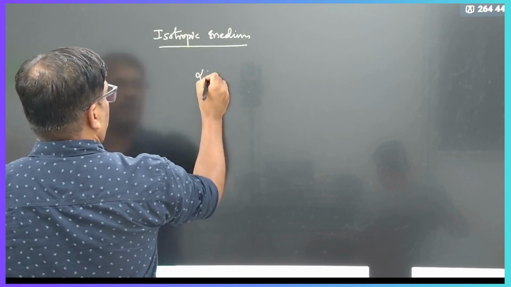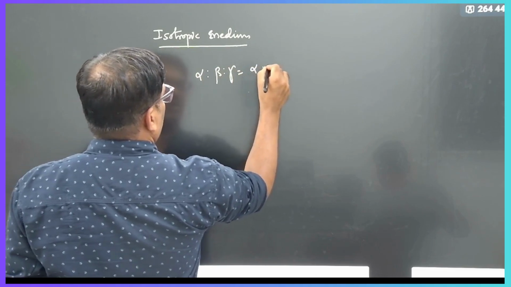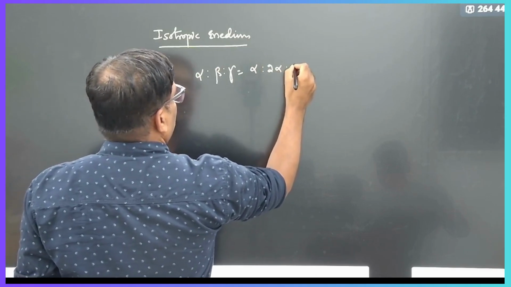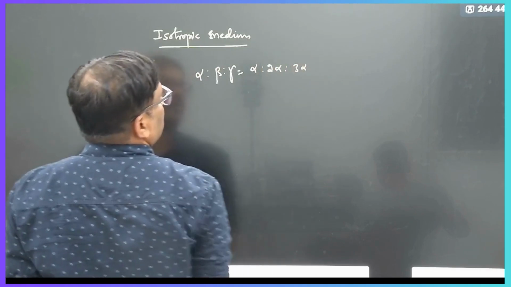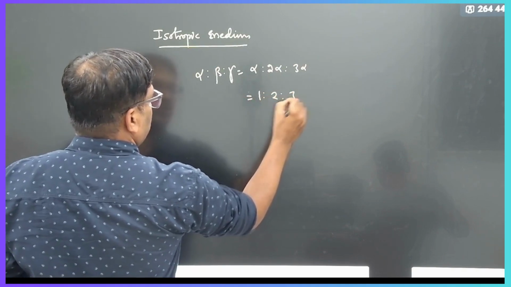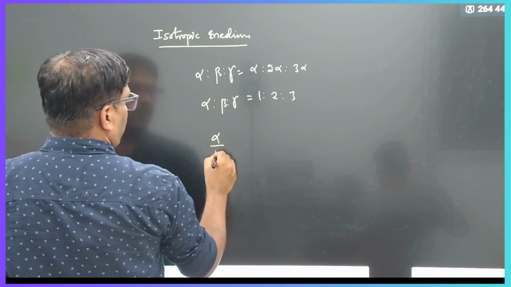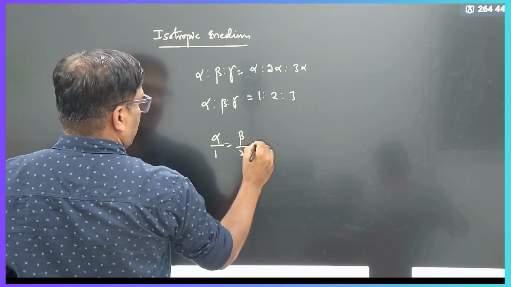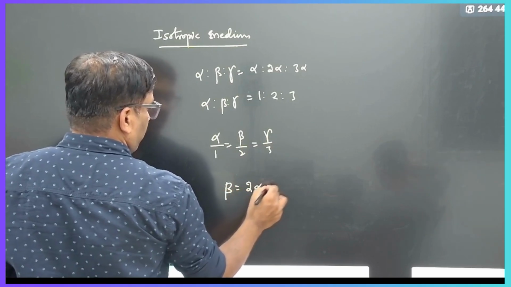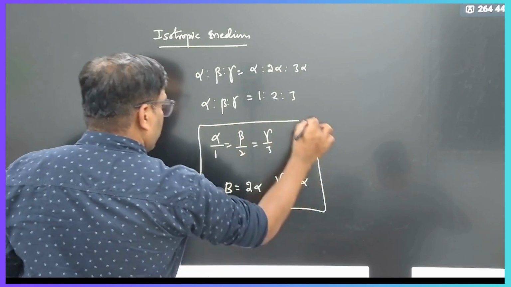So alpha is to beta is to gamma is 1 is to 2 is to 3, because expansion is along the lengthwise and breadthwise, and also along the height-wise. So alpha by 1 is beta by 2 is gamma by 3. We can write beta is equal to 2 alpha, gamma is equal to 3 alpha. This is very important.